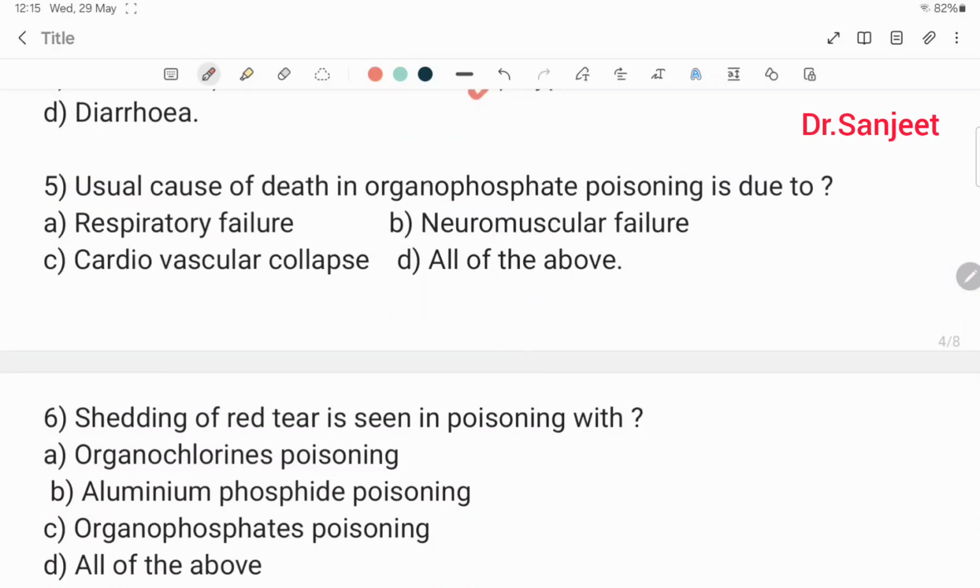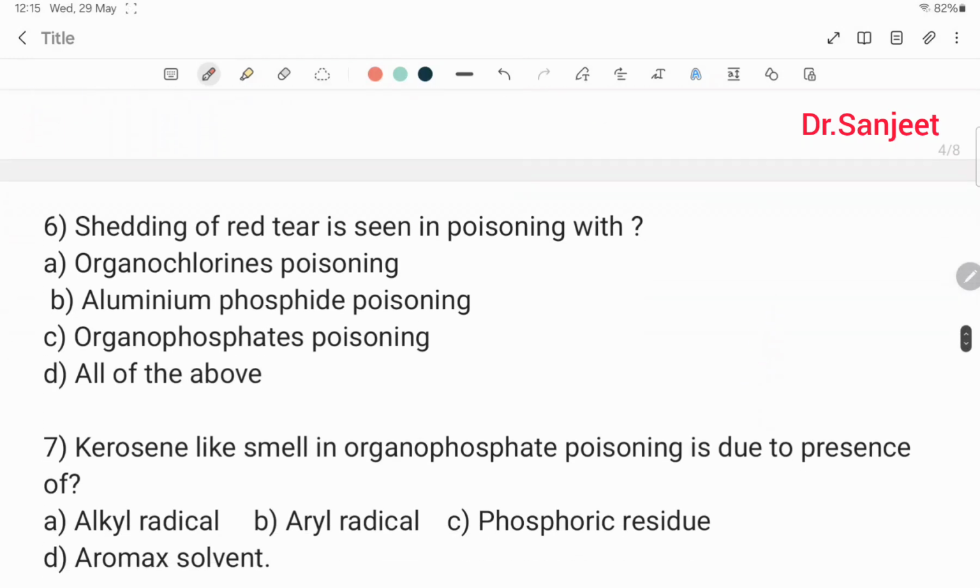Usual cause of death in organophosphate poisoning is: respiratory failure, neuromuscular failure, cardiovascular collapse, all of the above. Respiratory failure is the most common cause. Shedding of red tears is seen in poisoning with: organochlorine, aluminum phosphide, organophosphate, all of the above. The answer is organophosphate poisoning.